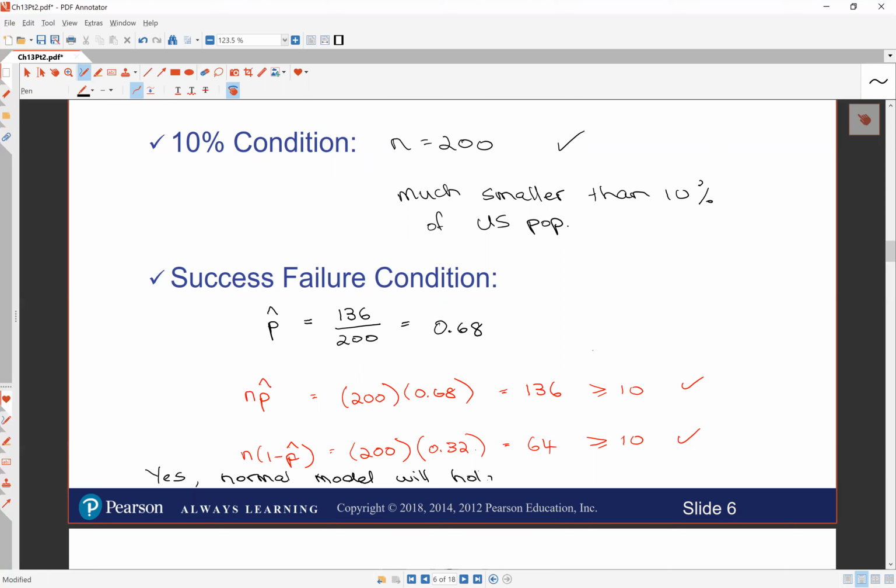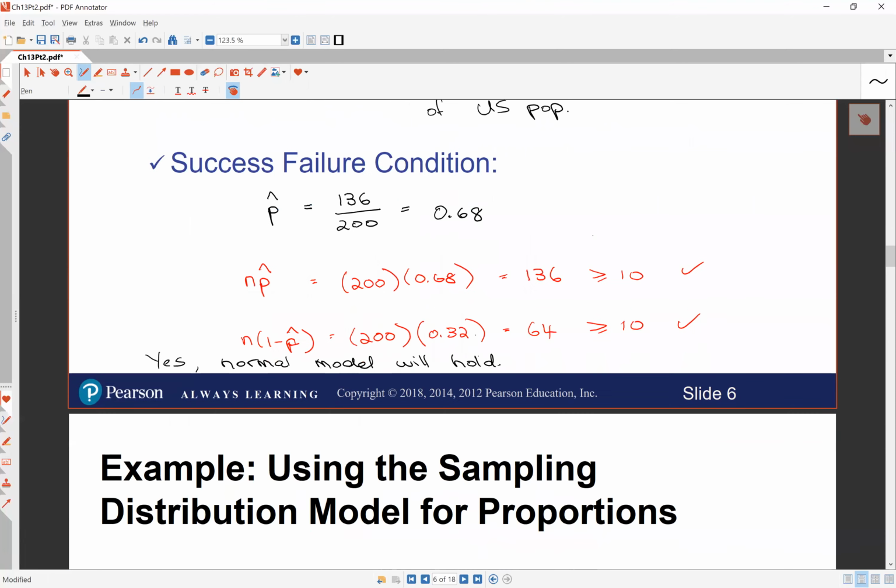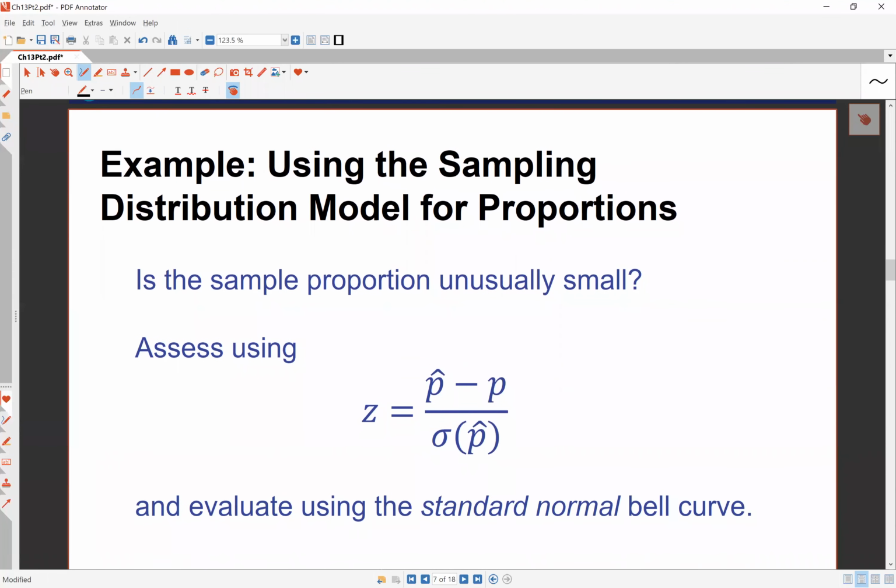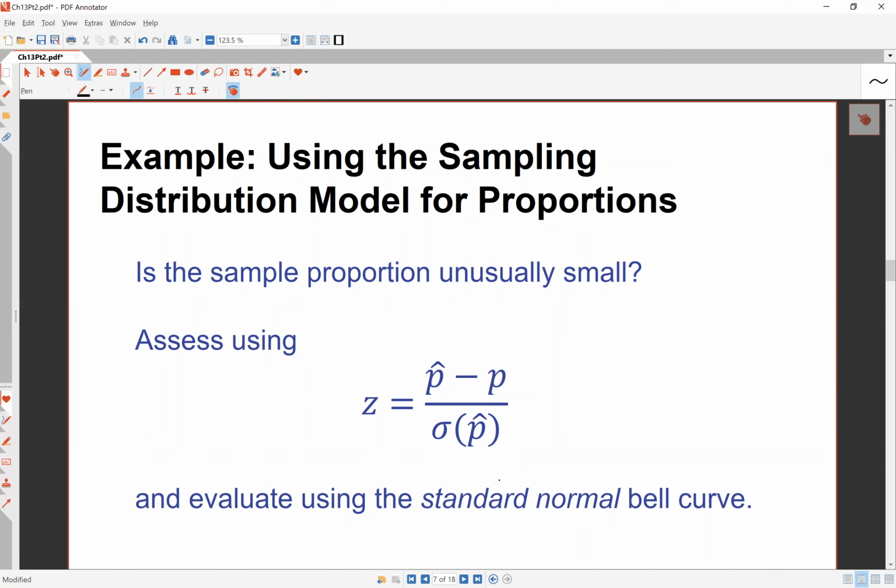So this now makes a whole avenue of calculations available to us. For example, I may be wondering, is my sample proportion unusually small? Well, because the normal model holds, I can go and calculate a z-statistic. When we're dealing with a sample proportion, our z-statistic is defined by this formula: p hat, which is our sample proportion, minus p, which is our population proportion, divided by sigma of p hat.